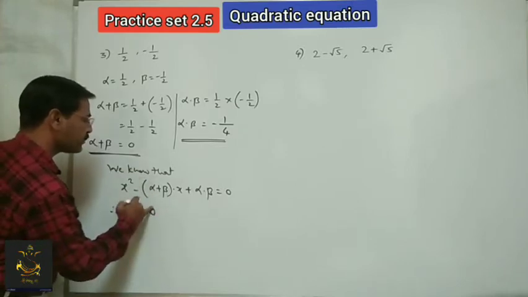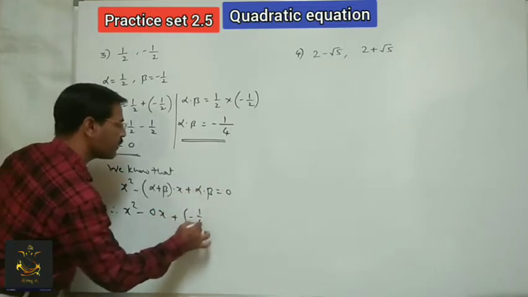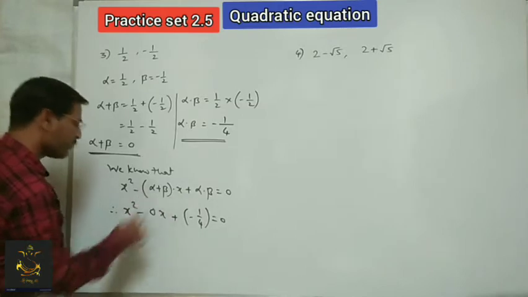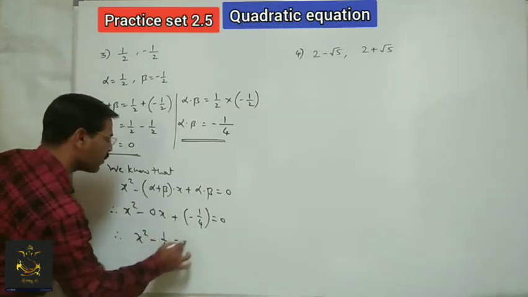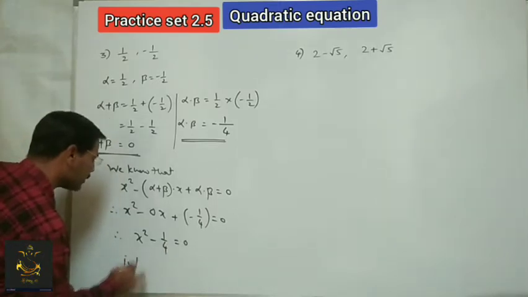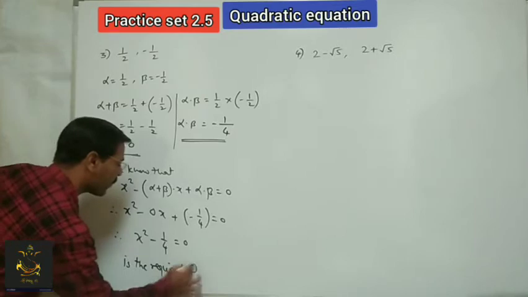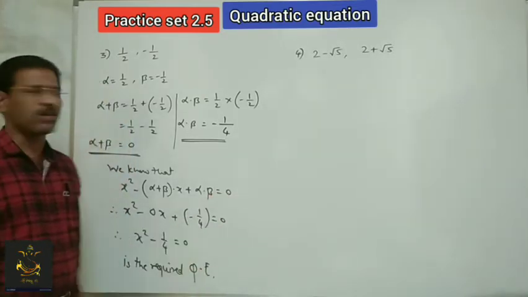It is 0, x plus this one is minus 1 by 4. Because it is 0, just remove that term here. x square plus minus minus 1 by 4 equal to 0 is the required quadratic equation. Understand? So simple all these are.